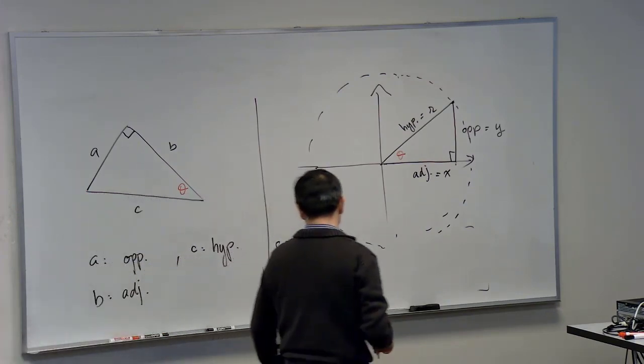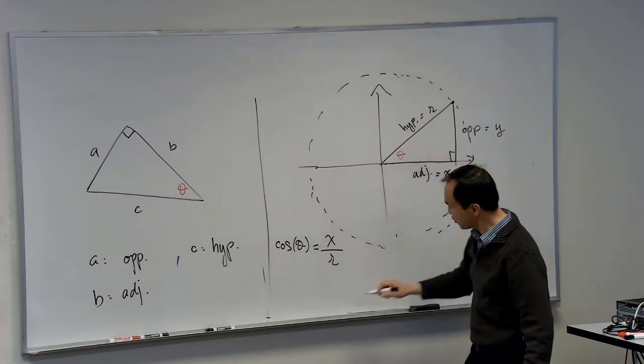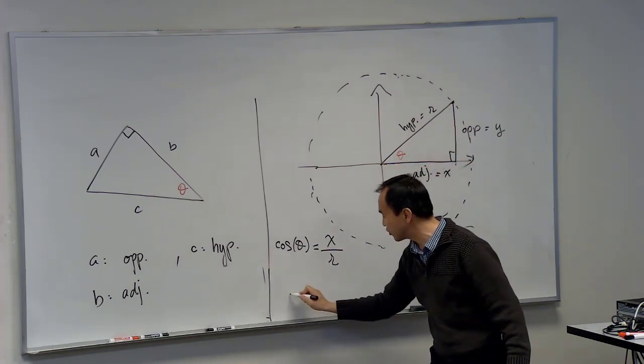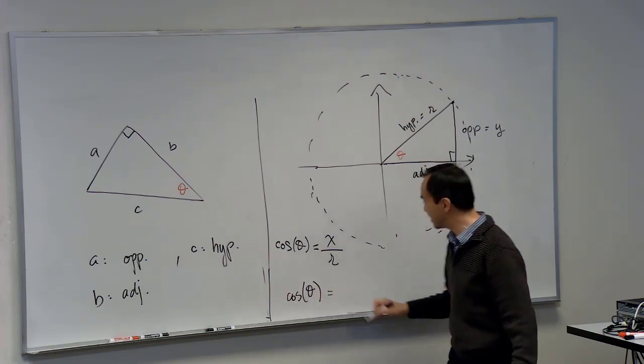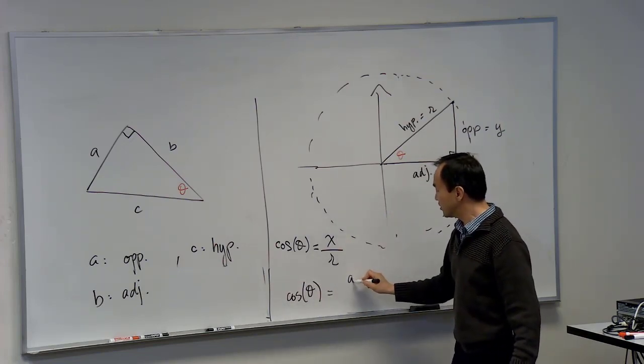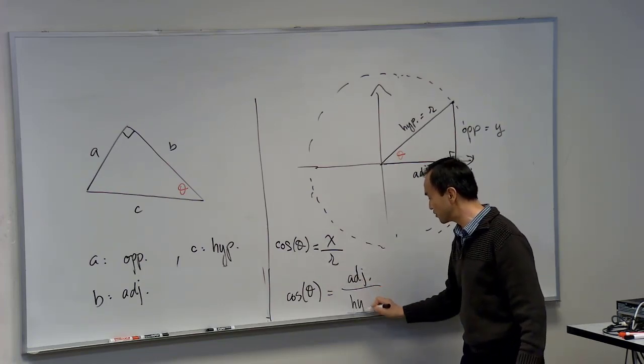Now with the triangle context, the cosine of the same exact angle theta can be seen as what? x is the adjacent, and the r right here is the hypotenuse.